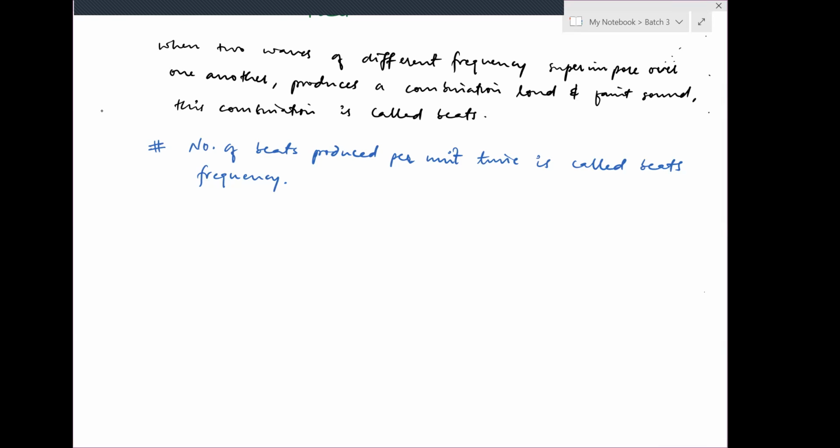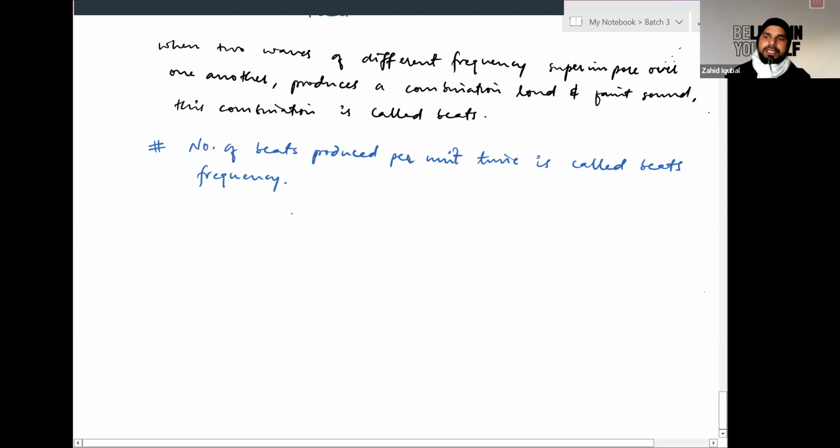Done, sir. Okay. So we have to prove this particular term mathematically also. So let's say one of the waves is y1 equals a times sine omega 1 t. We may write it as sine of 2 pi f1 into t.